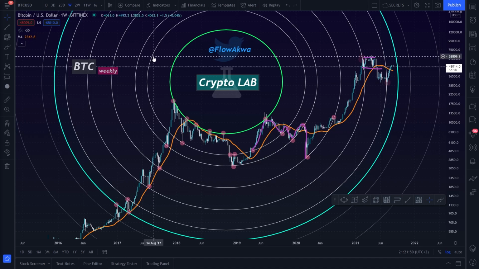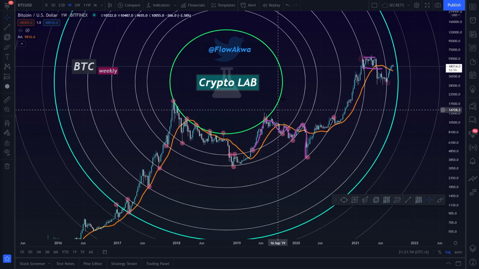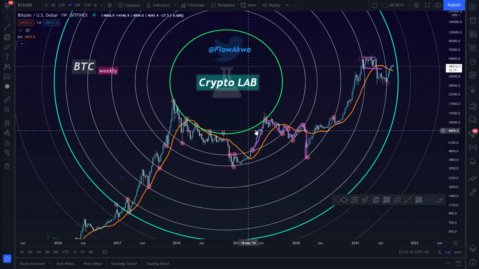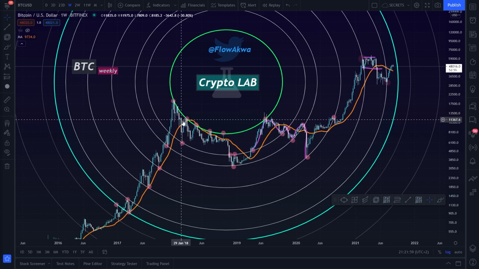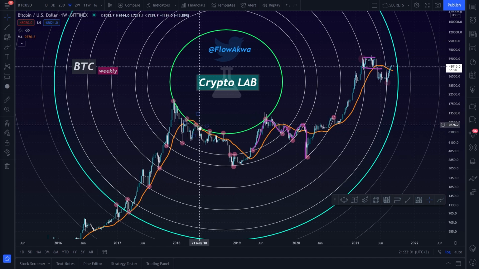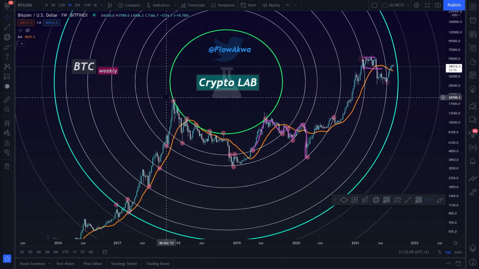However, it's not as easy as it sounds, because first you have to find out what is the setup circle, and this is the most difficult thing to do. If you don't have the right setup circle, it won't work, okay? And you have pretty bad results at the end.